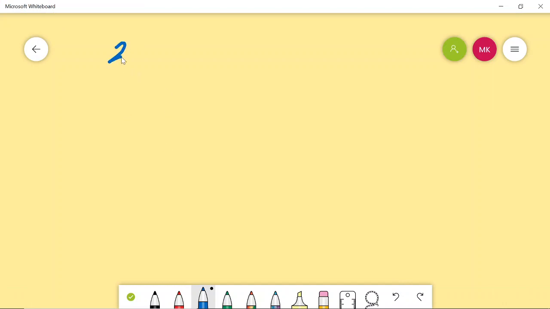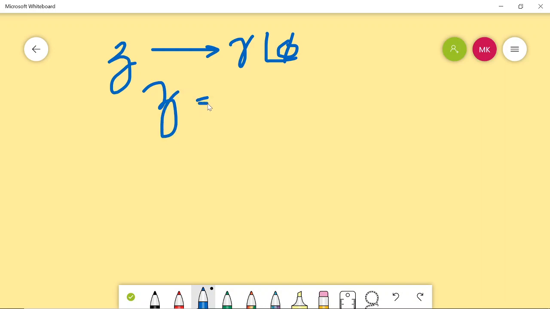If you have some complex number whose magnitude is r and whose phase is phi, you can write this as r e to the power j phi.